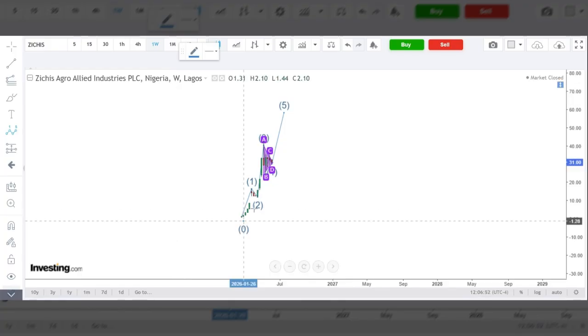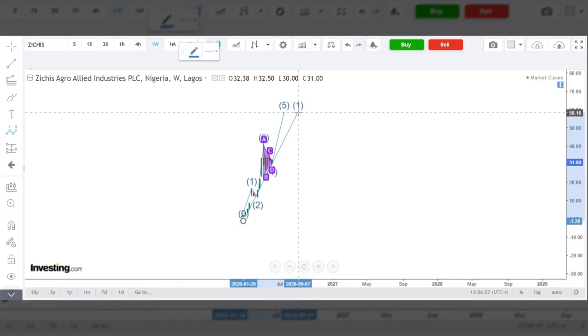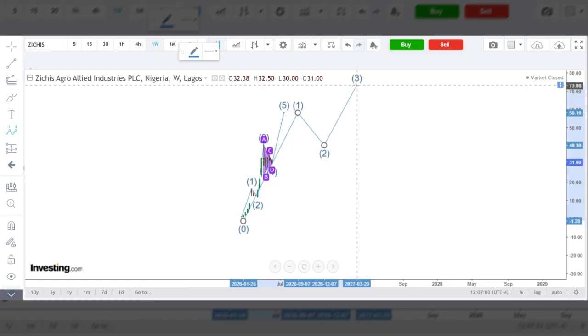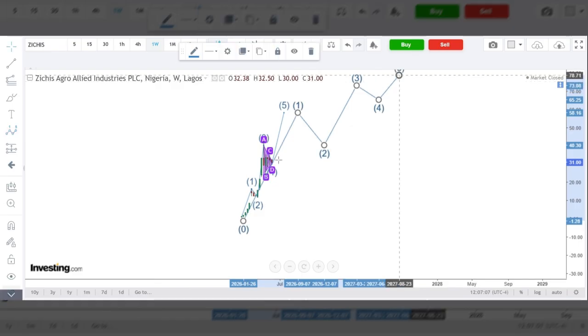If this is one wave on the weekly chart, okay, then wave two should come here, and wave three, and then wave four and five. So if this is one wave, from here to here, because one wave has not yet completed on this chart, it still has to go to wave five before it becomes a correction.